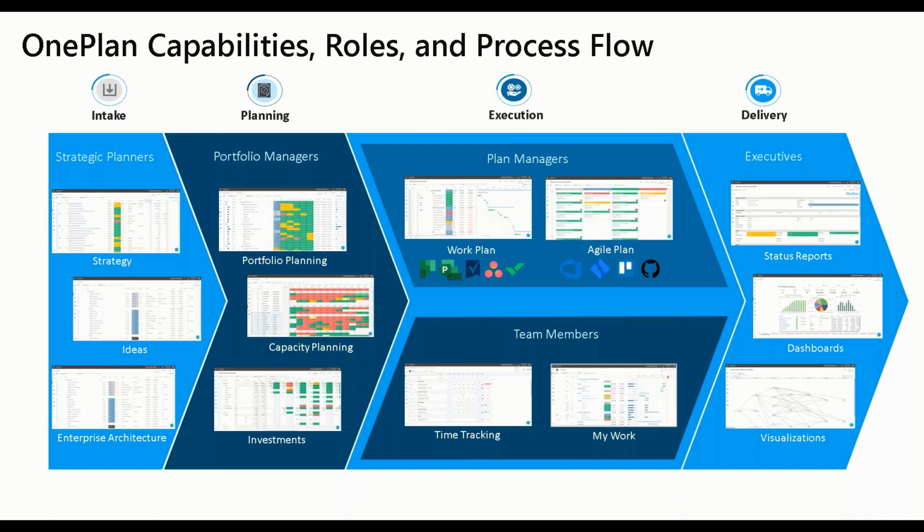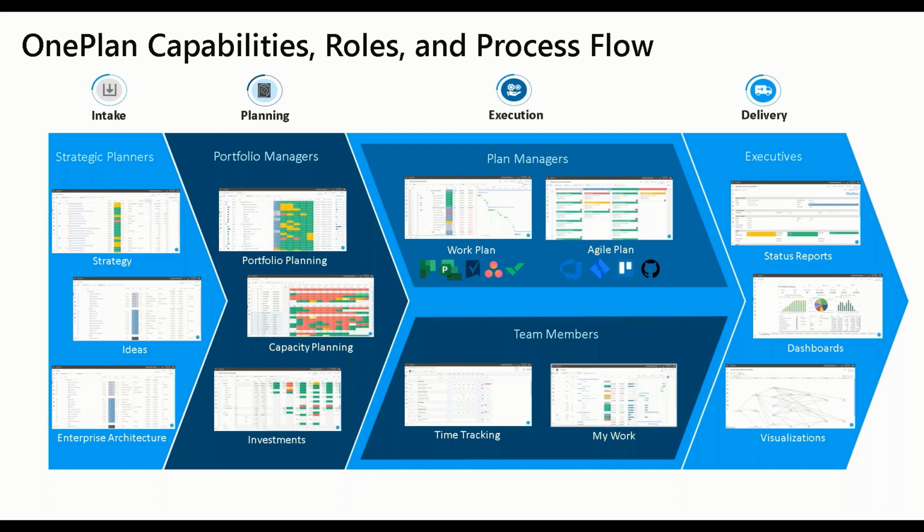And here we represent that we begin with strategic planners, where the strategy execution is actually occurring. From there, ideas are being generated and selected, to be evaluated based on whatever your intake or demand process is.